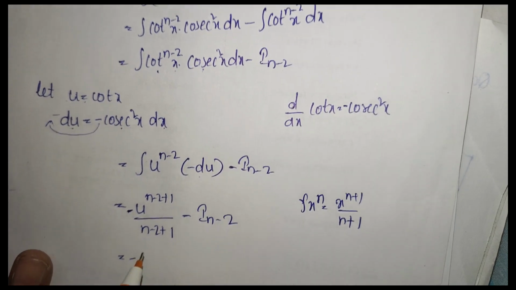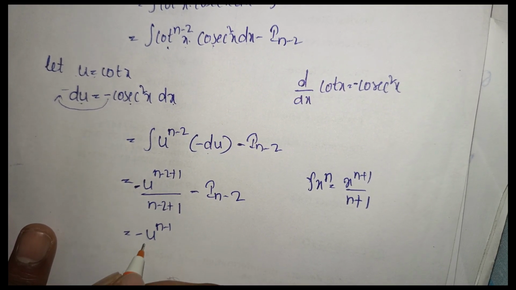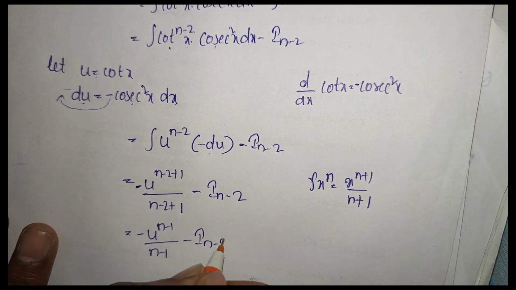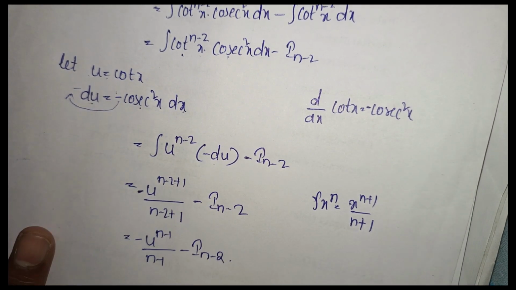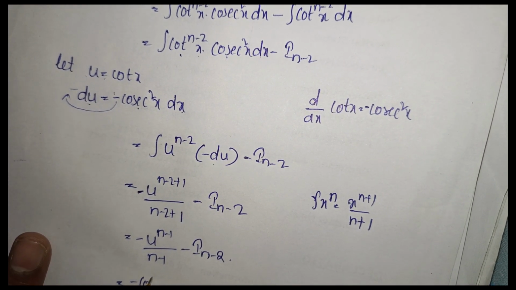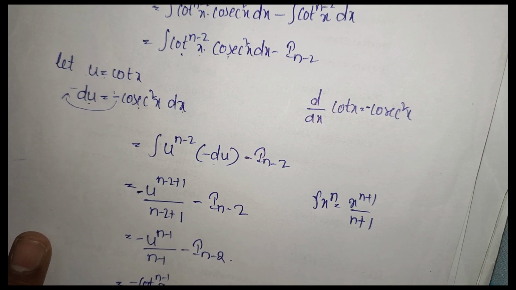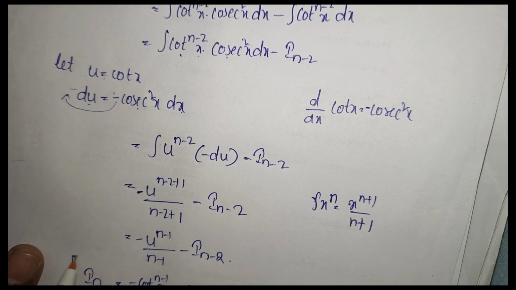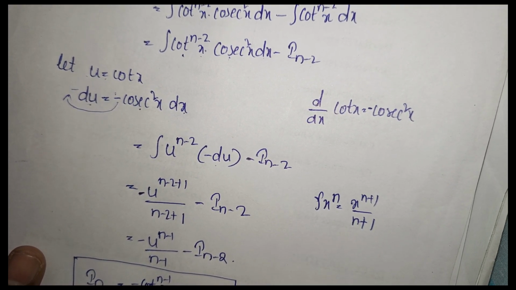What you get is minus u to the power of n minus 1 by n minus 1, minus I_{n-2}. What is u? It is cot x. So replace here: minus cot to the power of n minus 1 x by n minus 1, minus I_{n-2}. I_n is equal to this. This is the basic reduction formula for cot to the power of n x.